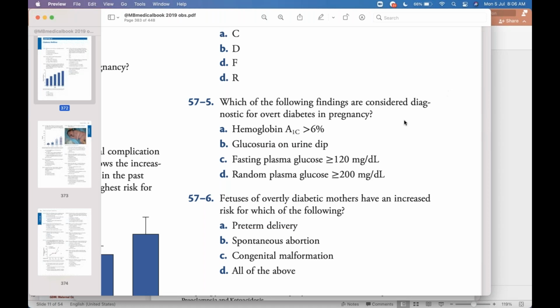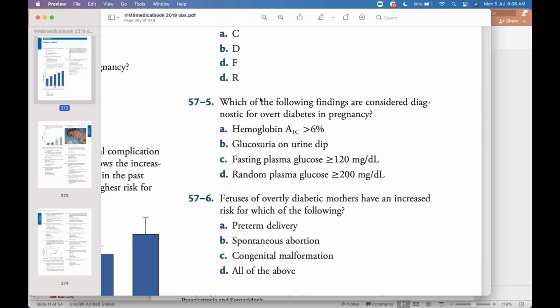So all three phases you should know: non-proliferative, pre-proliferative, and proliferative. And you need to examine a patient who is already diabetic in the preconceptional period itself for retinal examination.